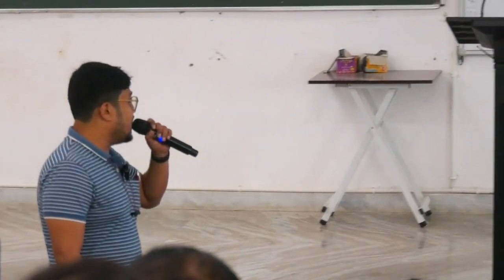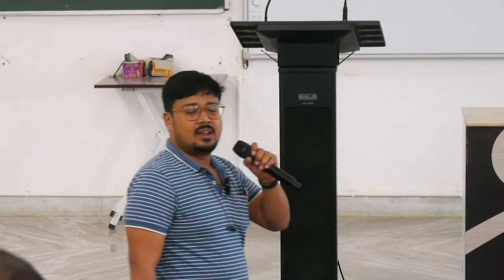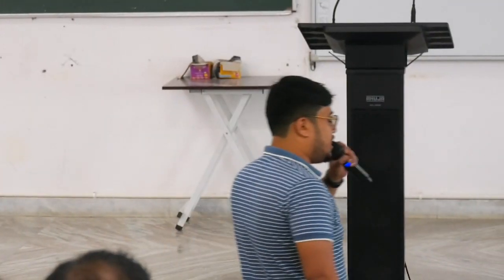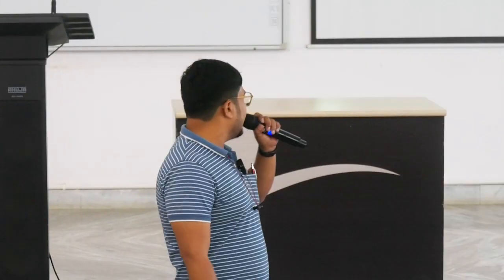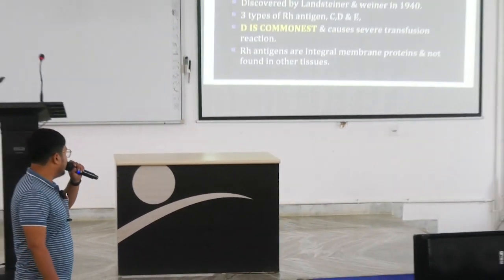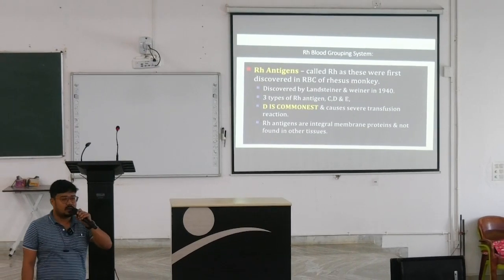There are 3 types of Rh antigen, C, D and E, but we commonly know D antigen is the commonest and most predominant one, and it causes severe transfusion reaction, warm antibody. Rh antigens are integral membrane proteins not found in other tissues.